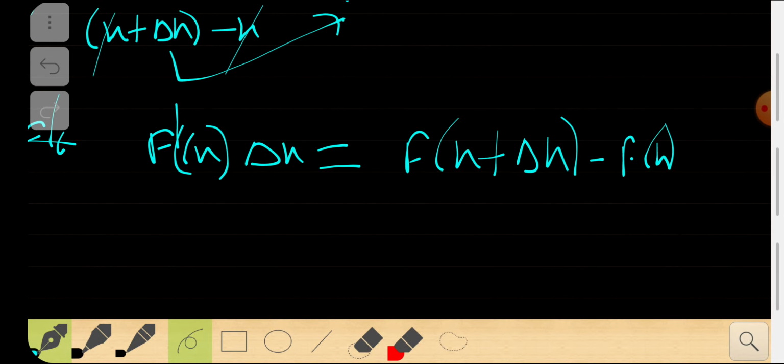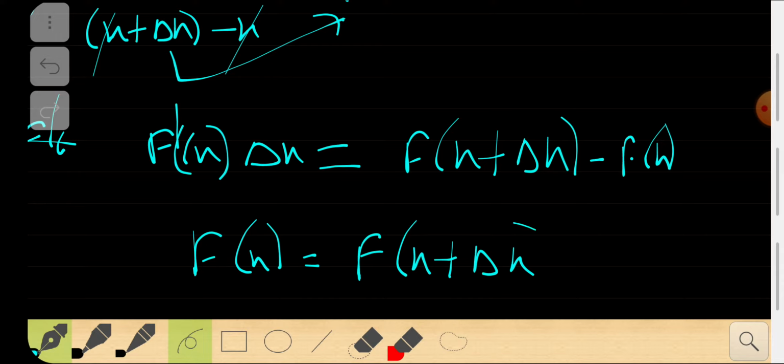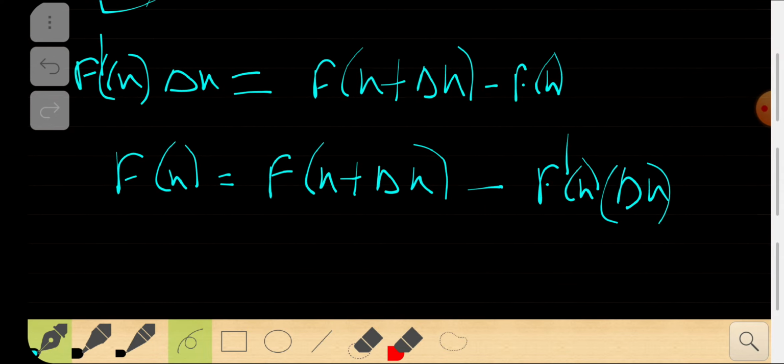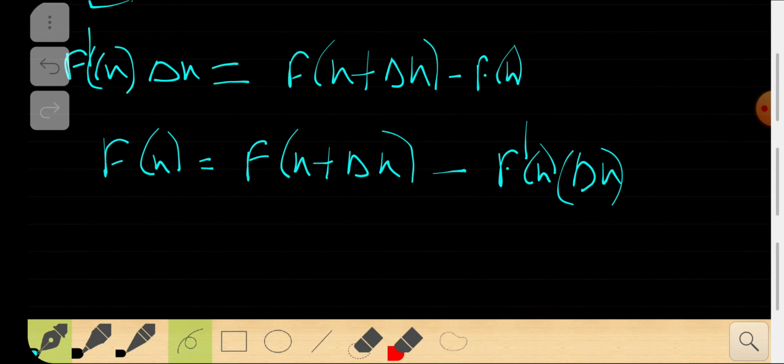So you can write f of x plus delta x is equal to f of x plus f dash of x times delta x. So that's linear approximation. That's the approximation that we do.